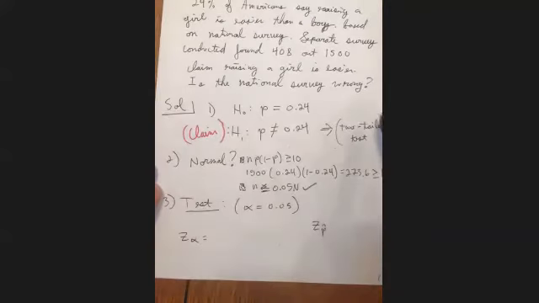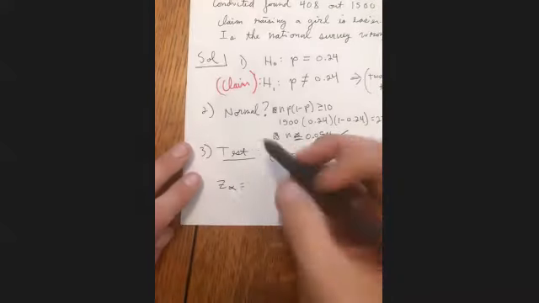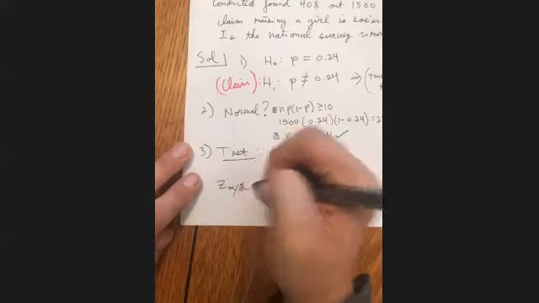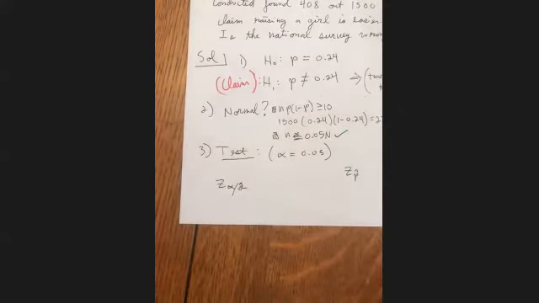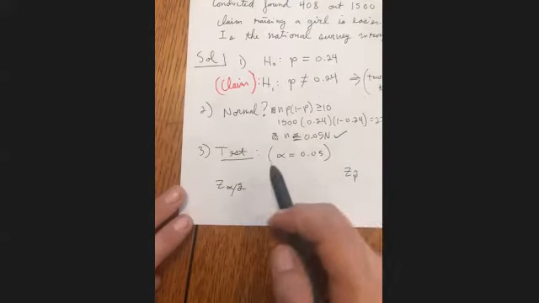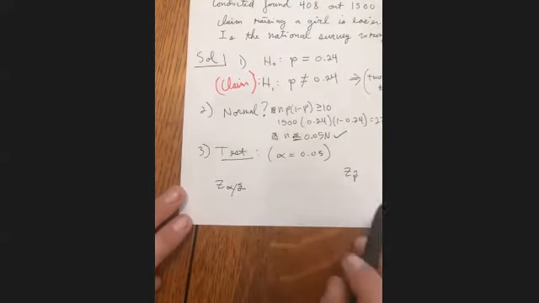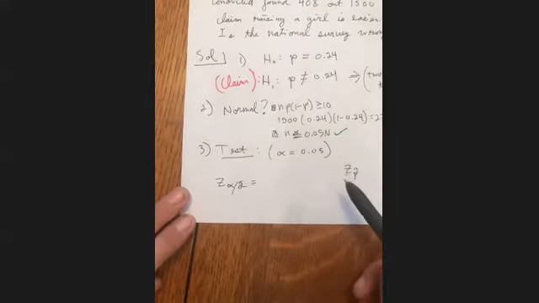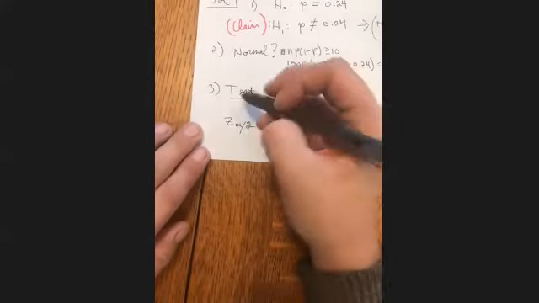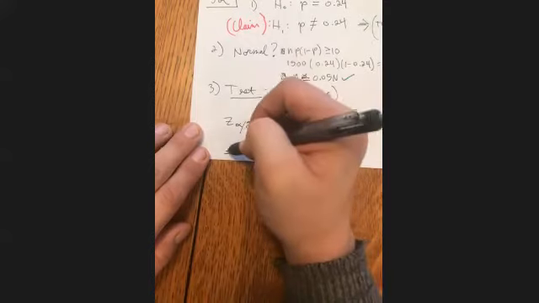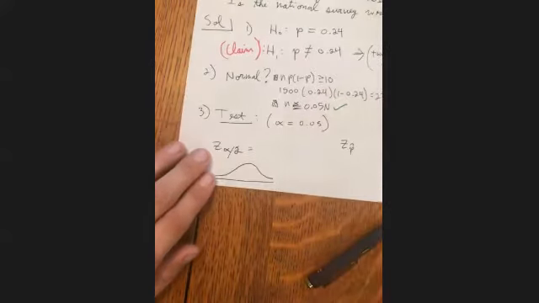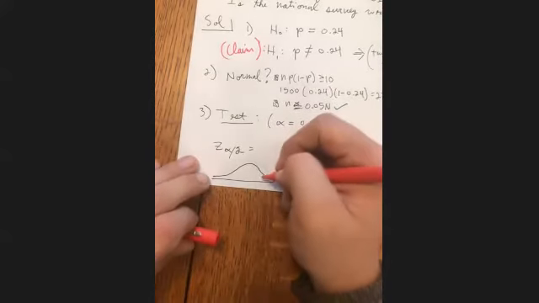If we have a two-tailed test, then we're not interested in the Z alpha value. We're actually interested in the Z alpha over 2 value. So we take our alpha level and divide it by 2, because in a two-tailed test, we have 2 rejection regions. Schematically, you have a normal distribution, and in a two-tailed test, you have 2 cutoff points.